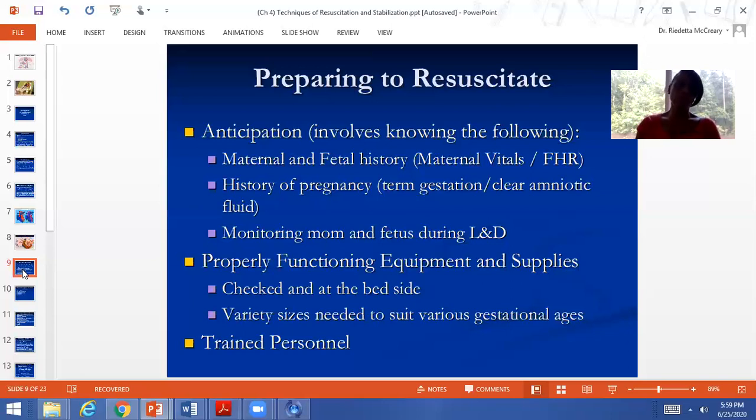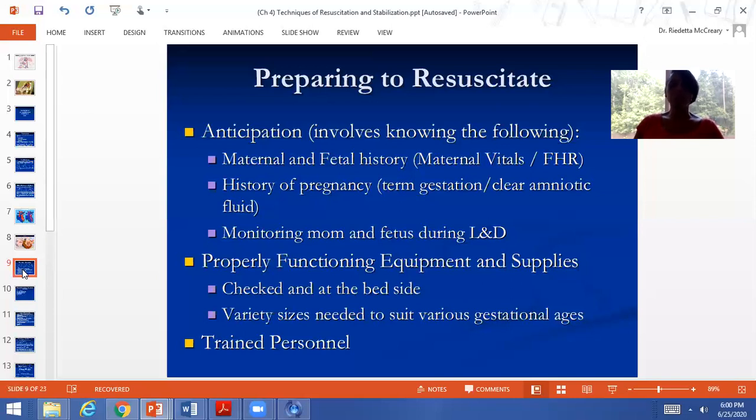So you want to know the following: maternal and fetal history as much as possible, know mom's vitals, know what's going on with fetal heart rate. And this is during the labor and delivery phase of it, which we're not typically a part of, but when they call us to come to the delivery, these are things that you want to definitely be aware of. So you might have to ask those questions.